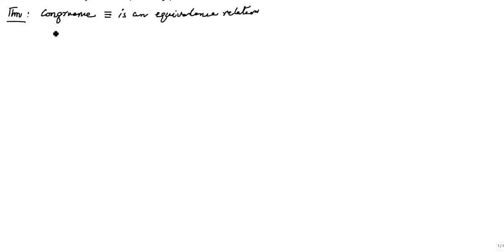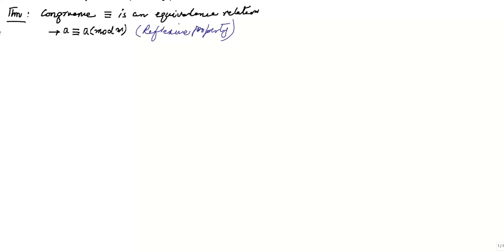Okay. So first is the reflexive property, which means A is congruent to A modulo M. This is called reflexive property.